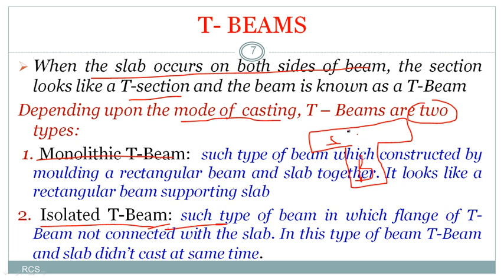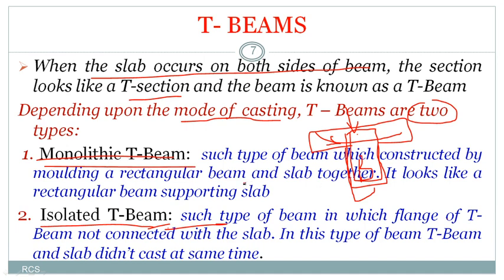And the stirrups you provided for the beam are extending into the slab portion, so that they become a single member, right? Here if a load is applied onto this structure, if the beam bends, your slab also bends simultaneously with the beam. So these types of beams are called monolithic T-beams.